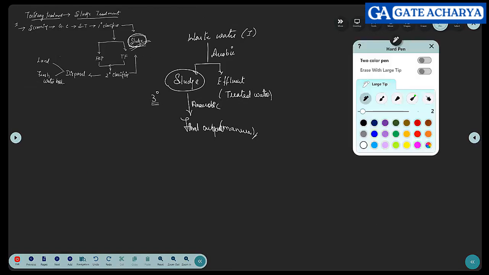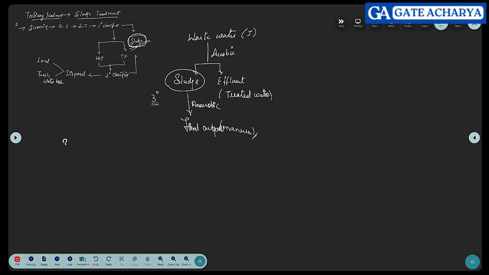So in the sludge treatment, there are two tasks we are going to perform. The first one is a volume reduction.